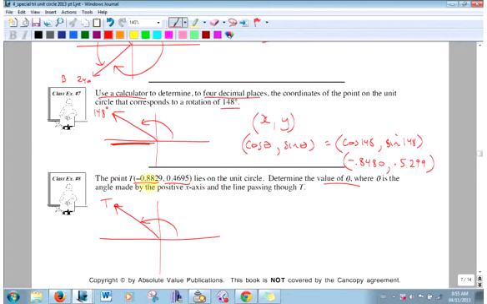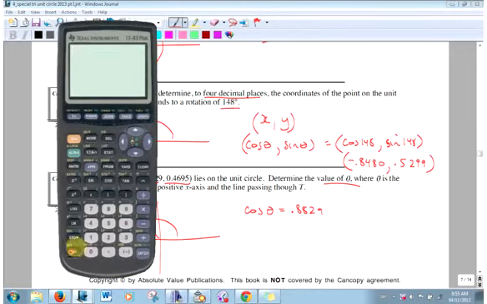Well, in this quadrant, I know cosine of theta is this, and I know cosine is negative in this quadrant, so what's my reference angle? This one I'll do. Okay, take the inverse of the positive.